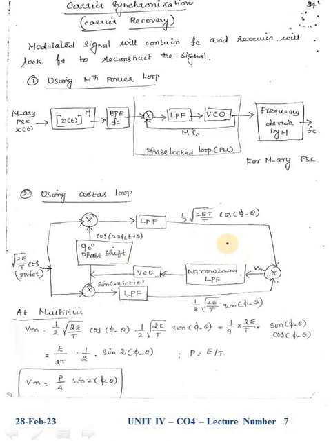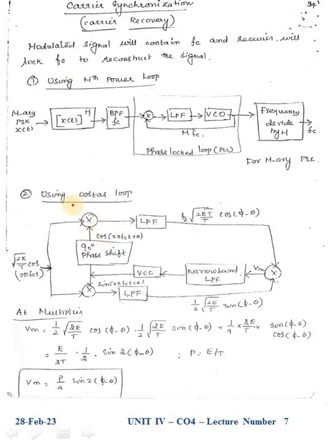The second method is the Costas loop. Most of the operations are similar to the power loop, whereas here we are introducing one phase shifter. The modulated signal is given to two multipliers. One is given directly, and the other is phase shifted by 90 degrees and given to the product modulator.